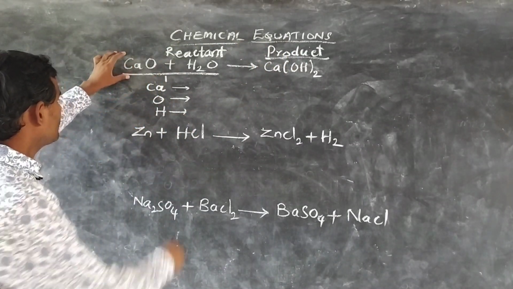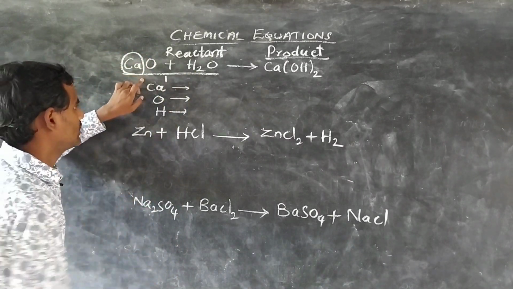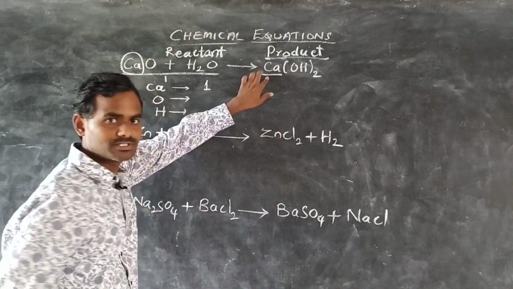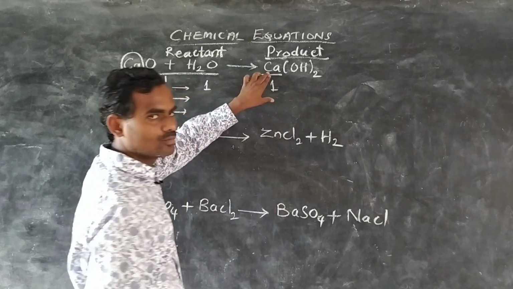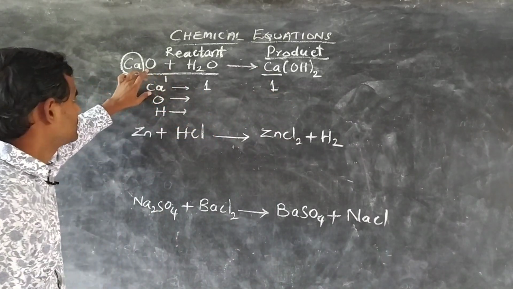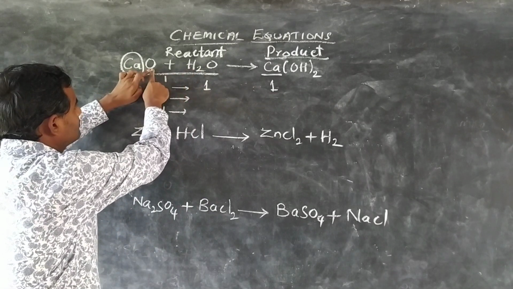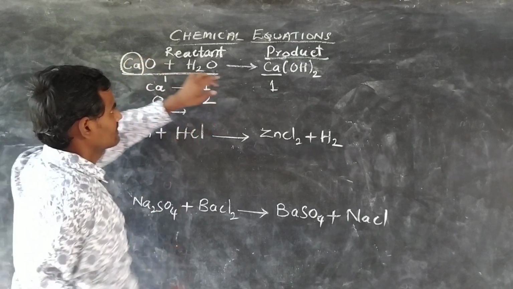Calcium, how many calciums are present on the reactant side? Only one. How many calcium atoms are present on the right hand side or product side? It also contains only one. Next, coming to oxygen. On the reactant side, 1 plus 1, 2 oxygens are present.